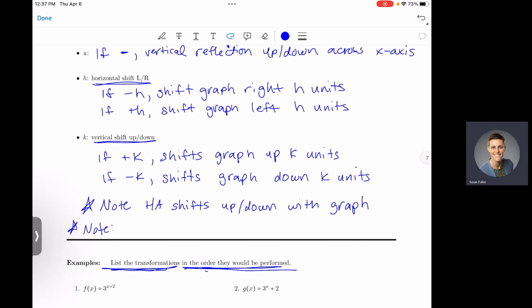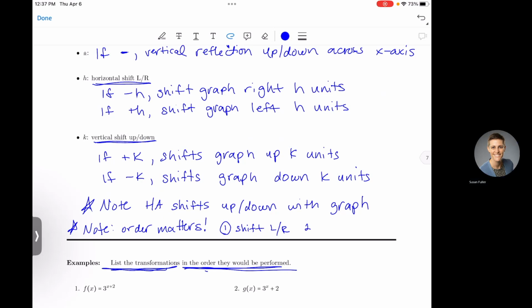So I'll say note order matters. The order that you need to do these guys in, the first thing that you're going to do is shift left and right. You'll move left and right, any horizontal shifting that you have. The second thing that you're going to do is any reflections that you have.